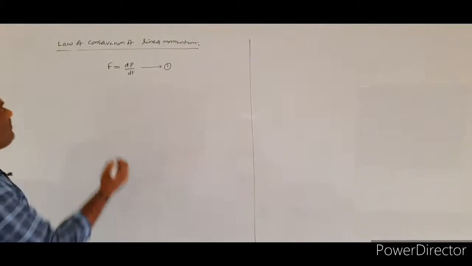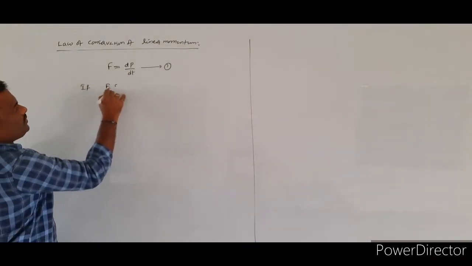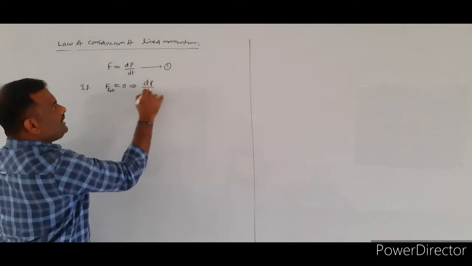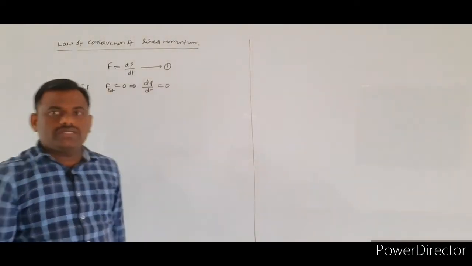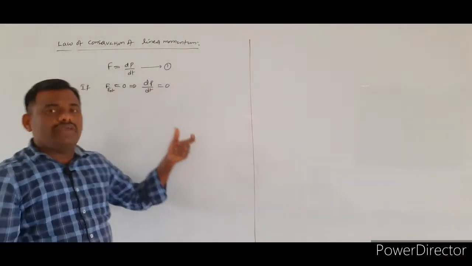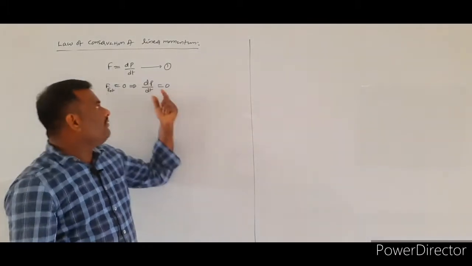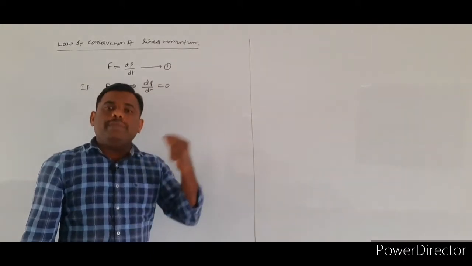So, according to the law of conservation of linear momentum, if F external is equal to 0, then dp by dt is also equal to 0. When the derivative of a physical quantity is equal to 0, that physical quantity is at either its maximum value or minimum value.